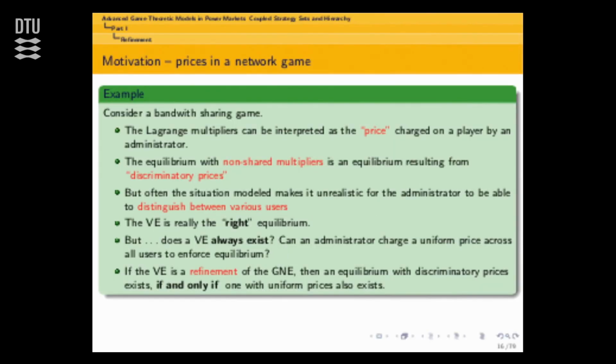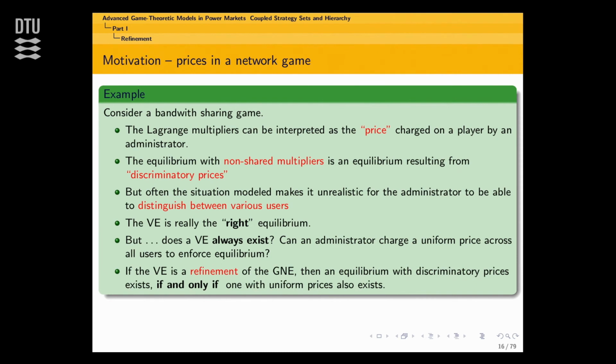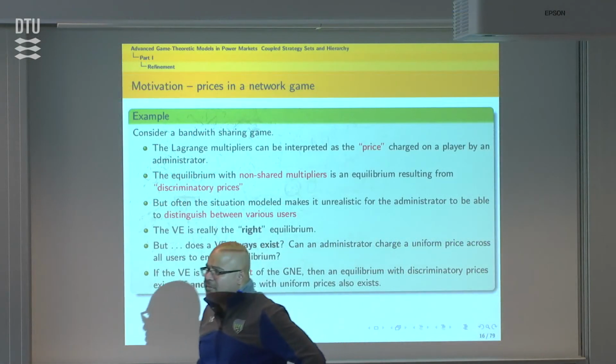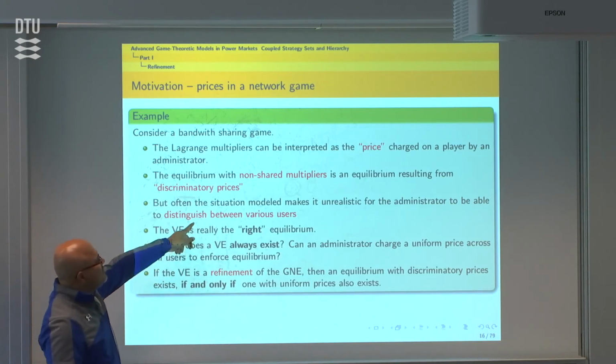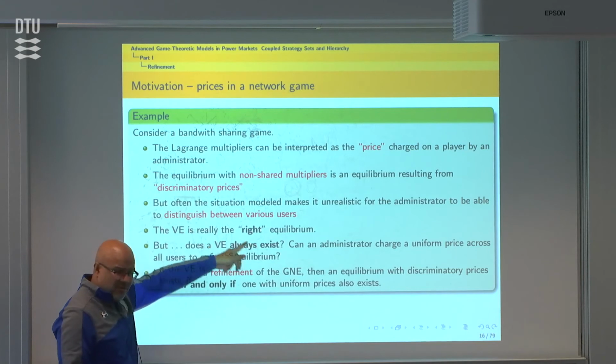Now, the equilibrium with non-shared multipliers is an equilibrium that results from discriminatory prices, because you have differential prices. So it can be viewed such that if you try to implement it, each player is going to see a different price imposed by the system operator. But often the situation modeled makes it unrealistic for the administrator to be able to distinguish between various users.